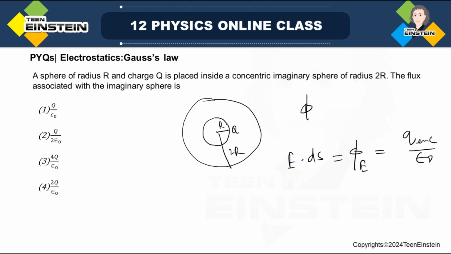Here, since this bigger surface, the imaginary sphere, is enclosing the whole charge capital Q, then what is the total flux? Flux associated with the outer sphere will be Q by epsilon naught. This is the flux. Okay, I hope you have understood. So Q by epsilon naught is the flux.